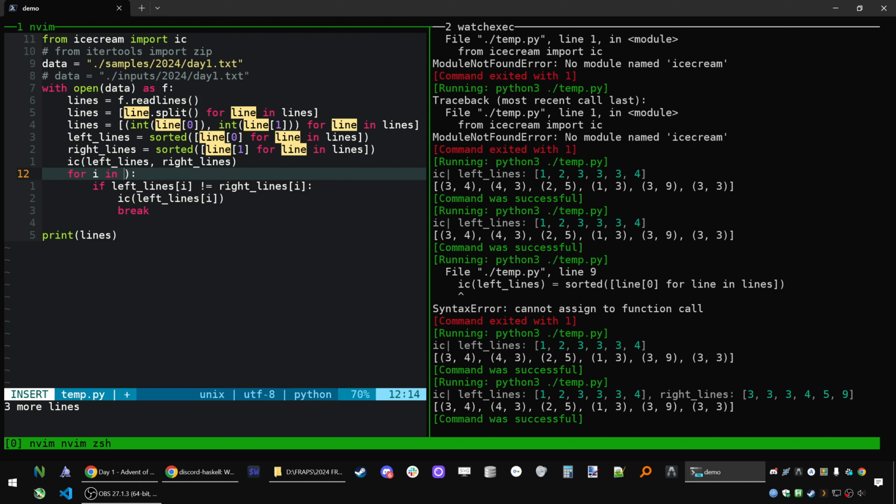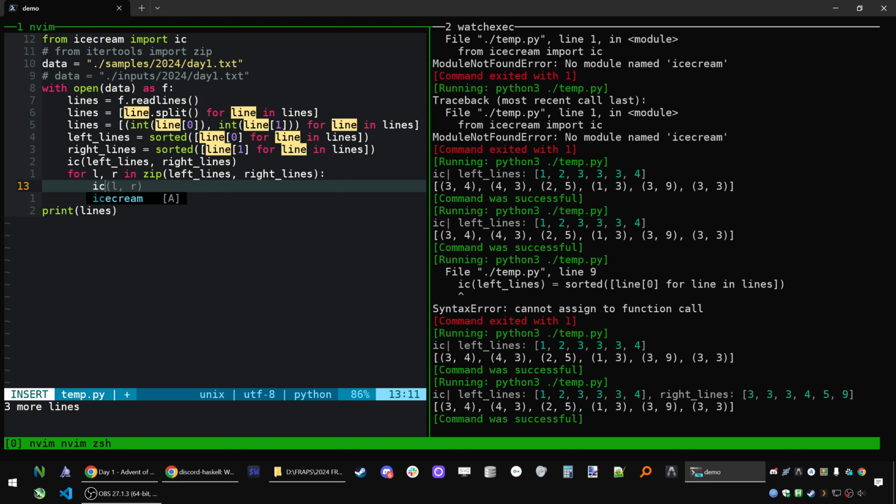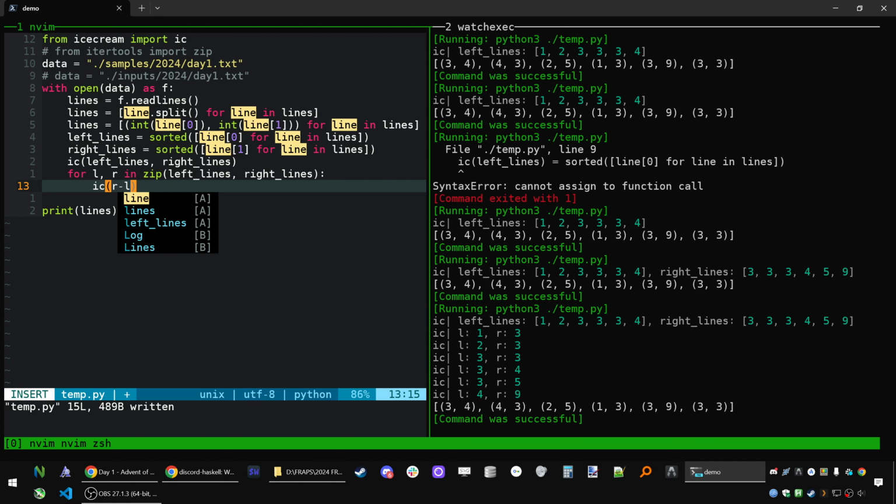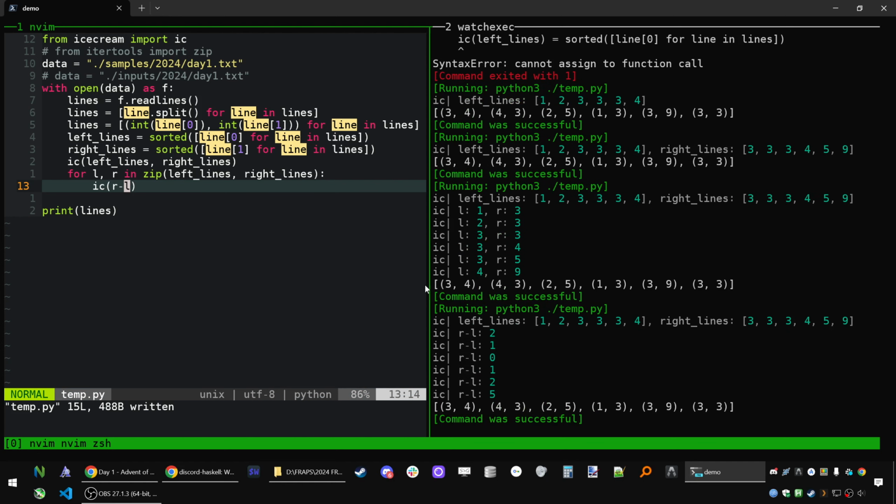We want to do, because you can't do pair, well, no, this is where zip comes in, right? L, R in zip. ic L R. Yeah, that's good. ic R minus L. Yeah, 5 plus 3. Yeah, that's what I want. Okay, good.